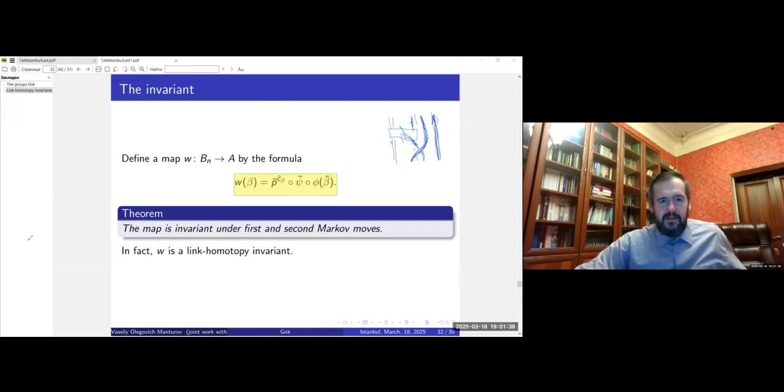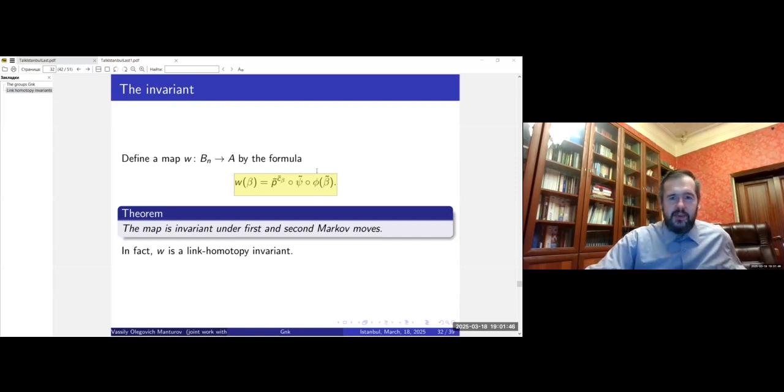So that's why we have to take a linear combination. That's why we have to take conjugation, and that's why we have to take some factorization. So this is some factorization. This is some color change maybe, and we get an invariant.